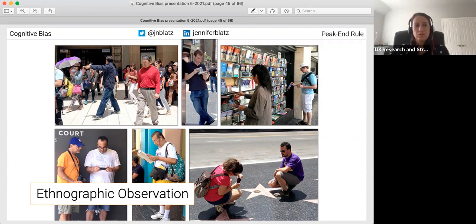The point here is that as you're watching them go through the activity and picking up on the clues that you would only see in person, they're likely to report things differently after the fact than what really happened. They might not tell you about their struggles or what their pain points were, but if you're there, you can see them firsthand.